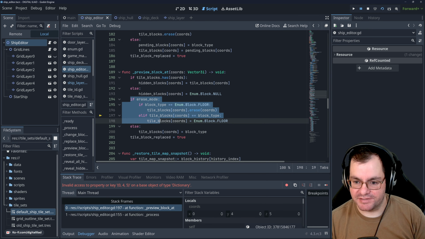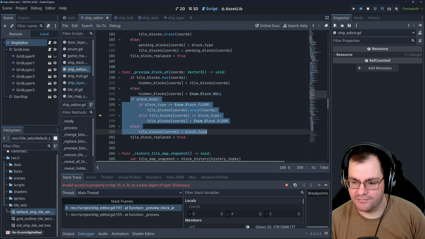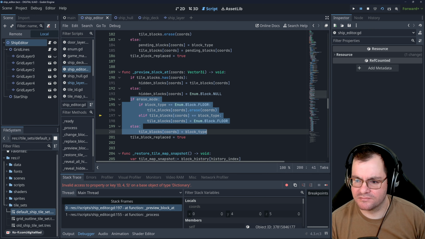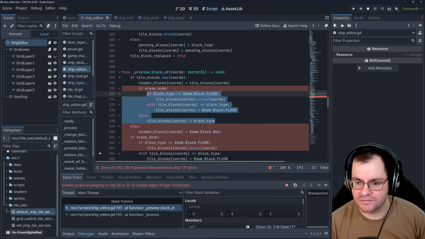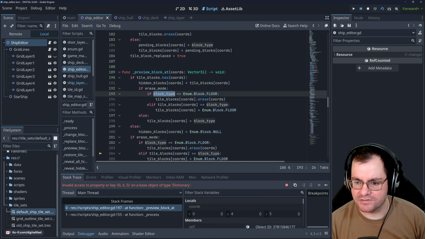All right, so this needs to go into here. So if we're in erase mode, block type, if the block type is a floor, then we erase this. Otherwise, if the tile blocks is the same as our block type, make a floor. Should this just be an else? Should this not be an elif?